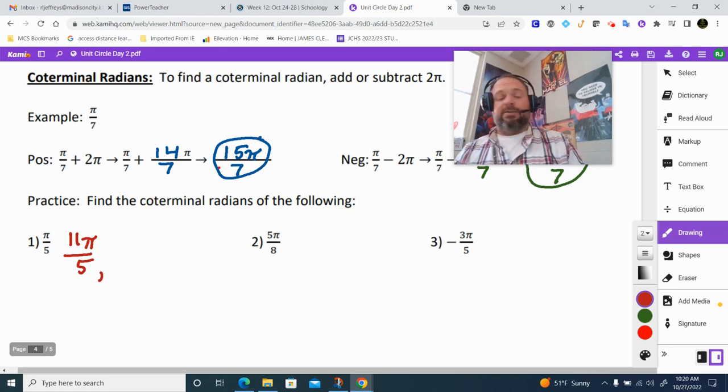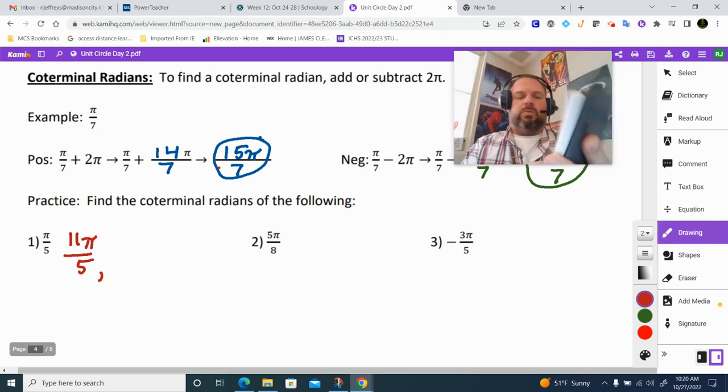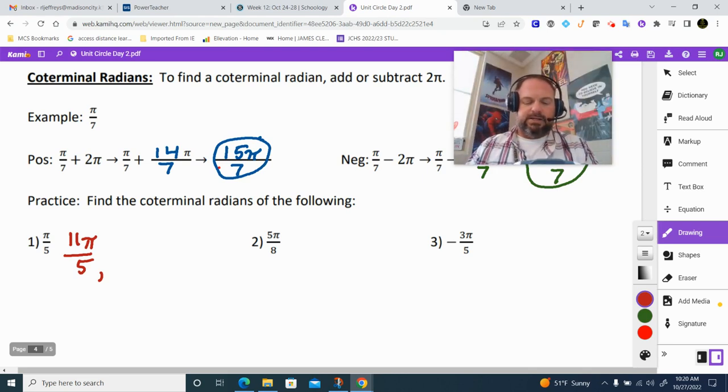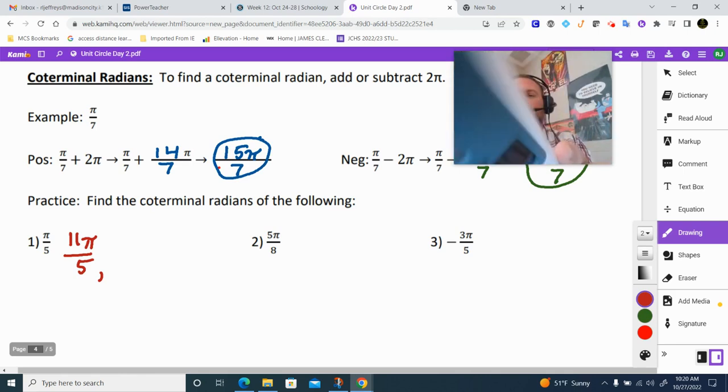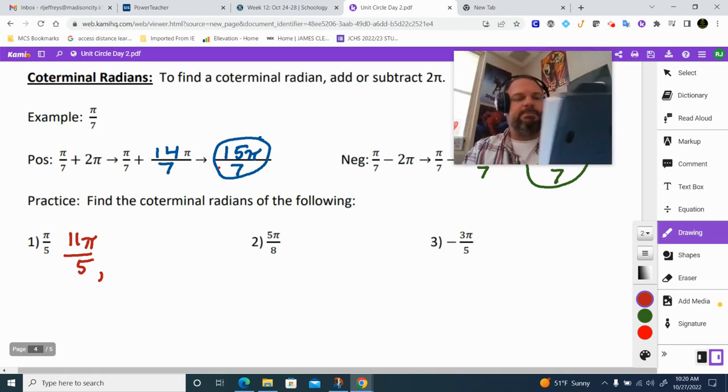Now I've got to do the negative version. 1 over 5 minus 2.